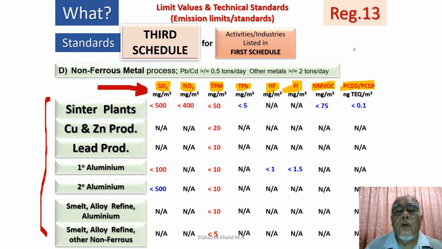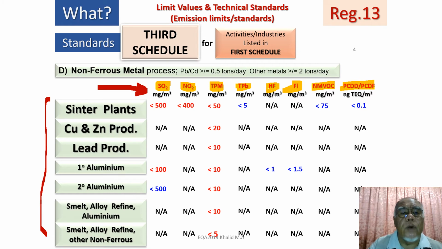Now, remember, take a look. The unit used is milligram per cubic meter. Be careful, it is very, very low, okay? And it is very strict. Now, as usual, I have arranged those parameters that require CEMS. I have given you in the form of red font.